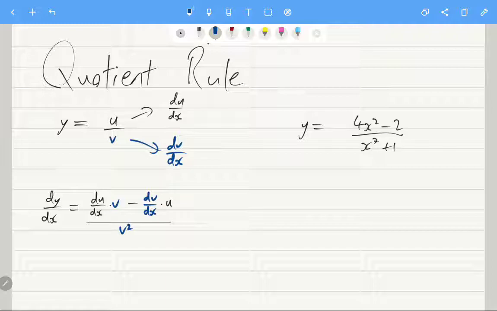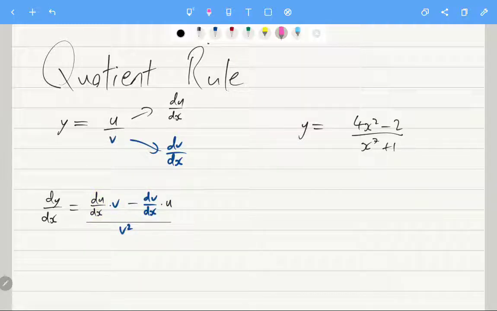Alrighty, so that is the quotient rule. So it is the derivative of the top times the bottom, take the derivative of the bottom times top, all over the bottom squared.